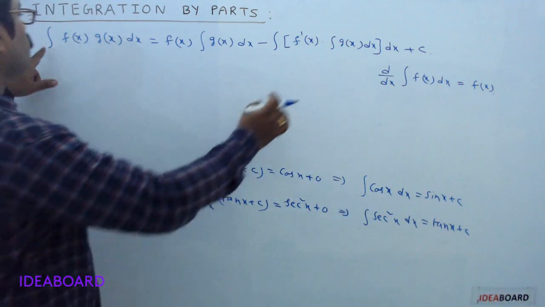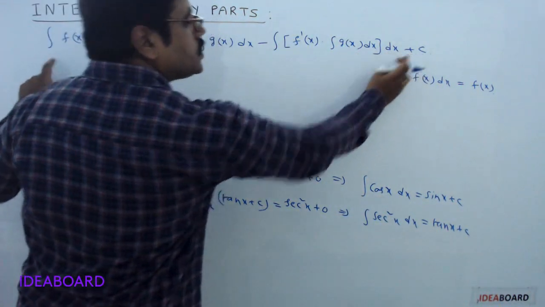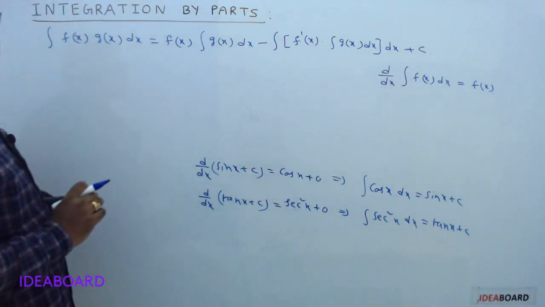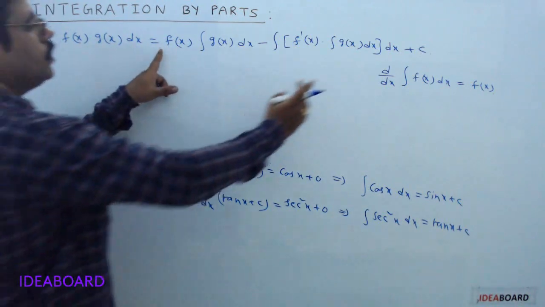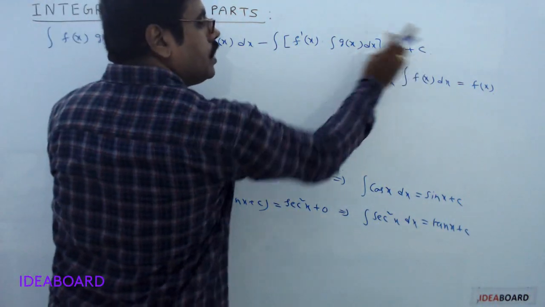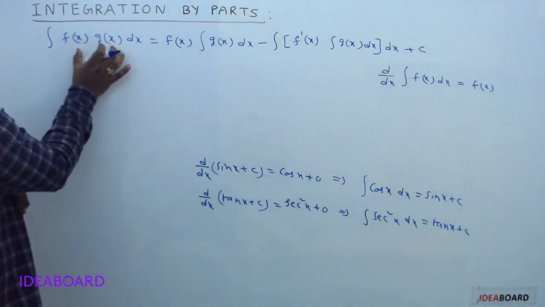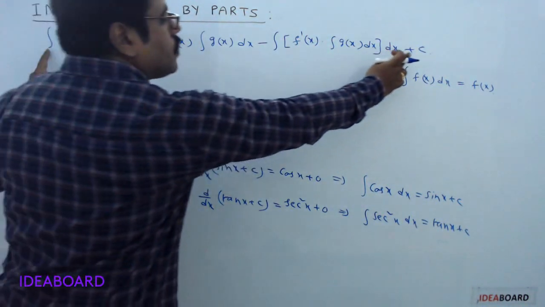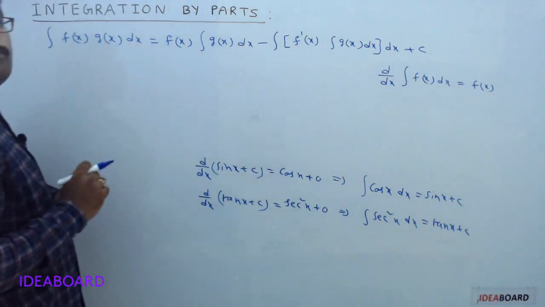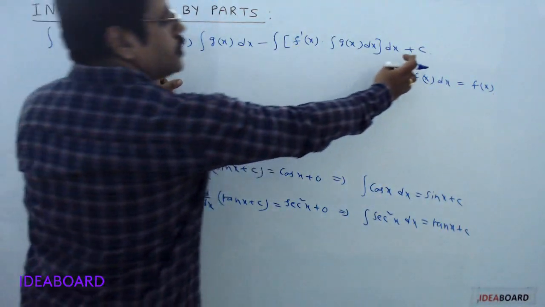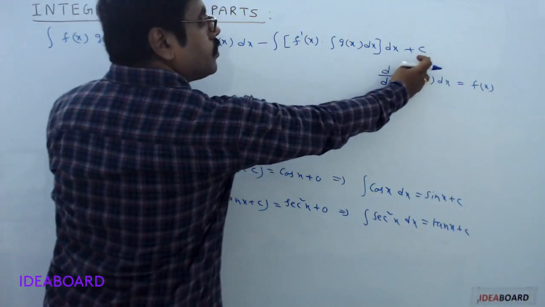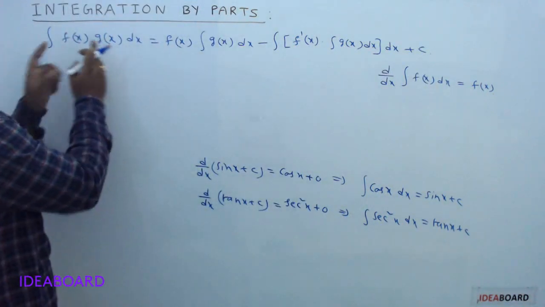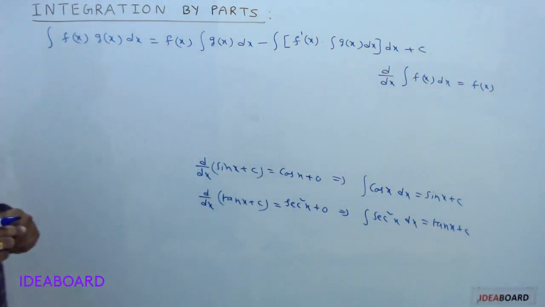Likewise, to prove this formula, it is enough to prove derivative of this right hand side expression equals f of x into g of x.